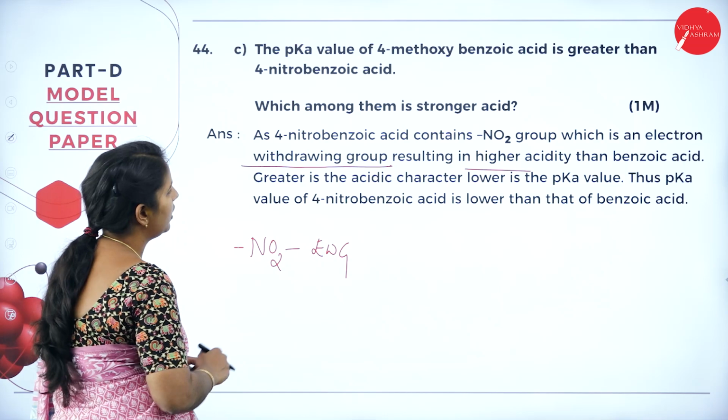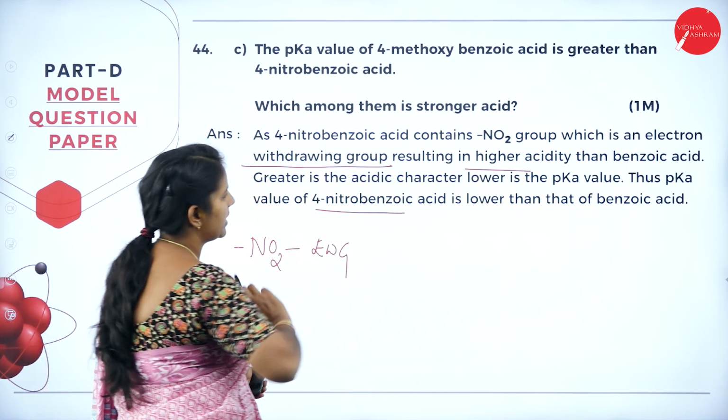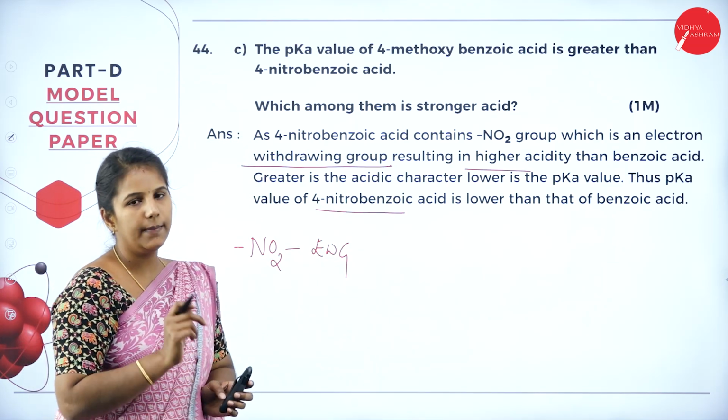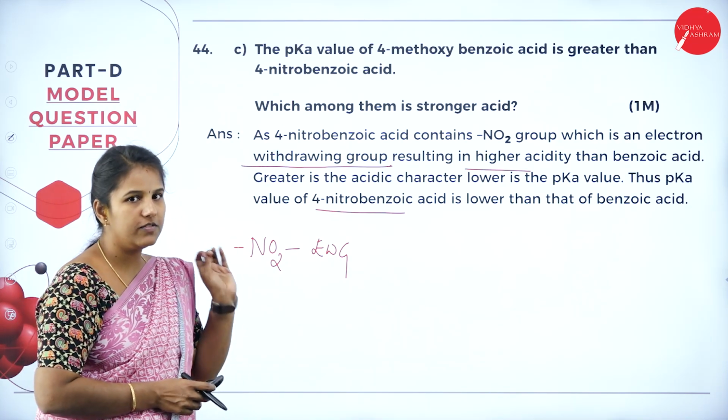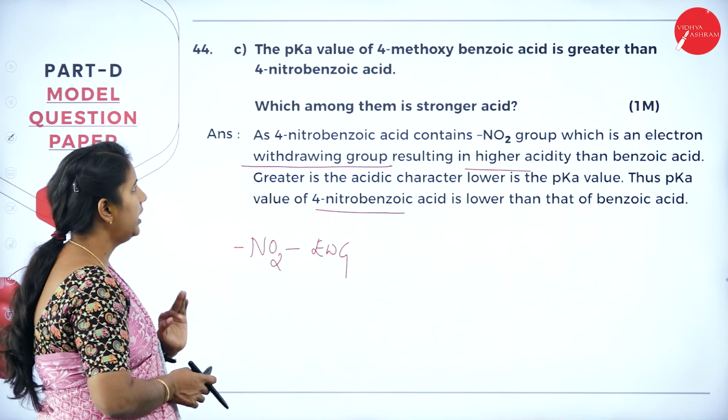So, the pKa value of 4-nitrobenzoic acid is lower than that of benzoic acid. That is mainly because of the NO2 group, which is an electron withdrawing group.